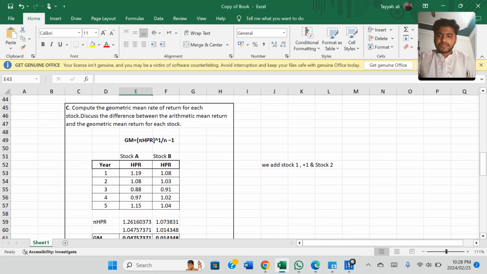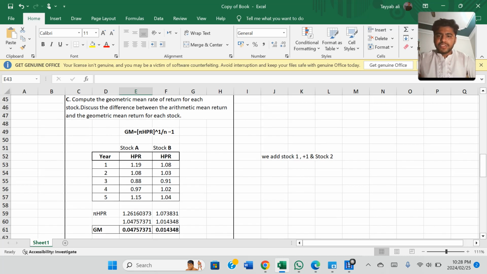And then compute the geometric mean rate of return for each stock, by HPY to the power of 1 divided by n, minus 1, for stock A and stock B.